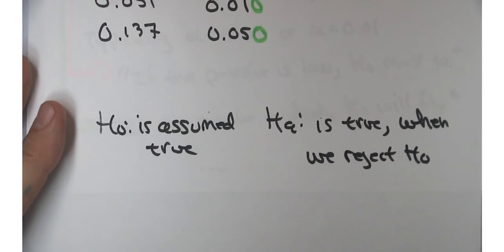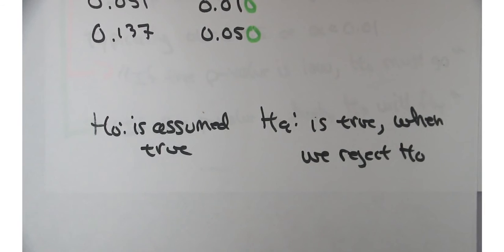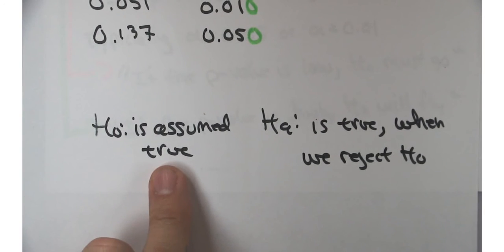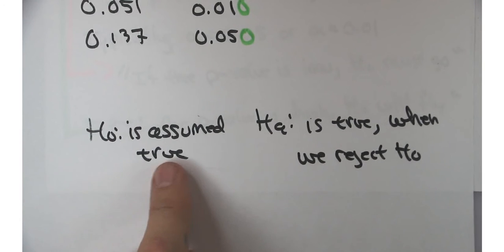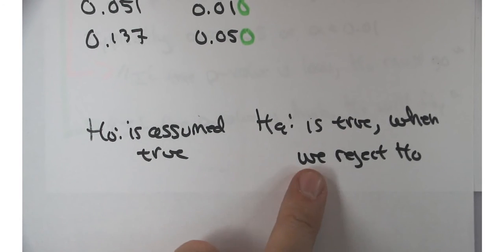So in a lot of ways, it's like a jury trial. You're presumed innocent until proven guilty. So you've got to have enough evidence to reject H naught before you can conclude that, yeah, we think he's guilty, or we think that the alternative hypothesis is true.